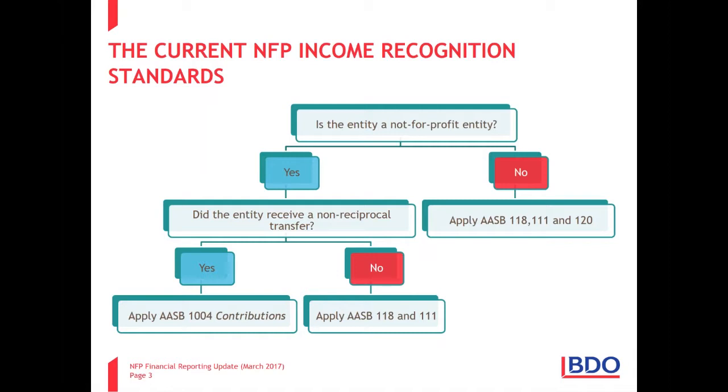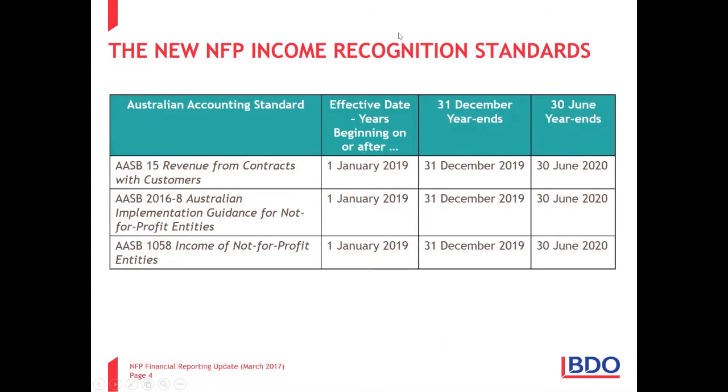It's led to a lot of divergence, a lot of arguments, a lot of discussions, and finally we've got a standard or a suite of standards that replace this and really takes us forward in addressing how not-for-profit entities would recognize income. So the new not-for-profit standards ultimately would only be two standards.